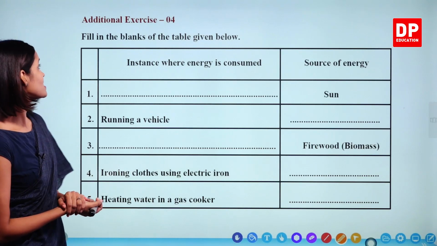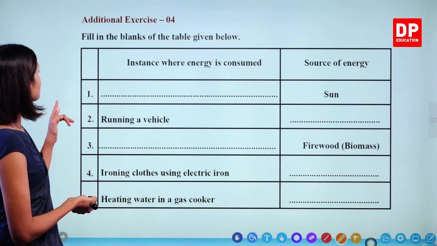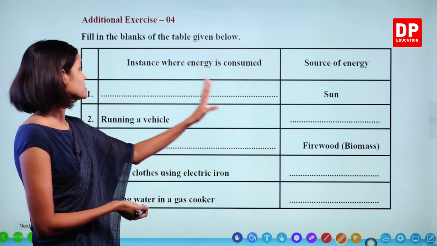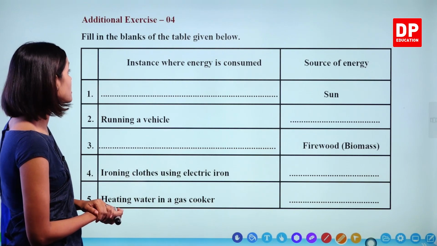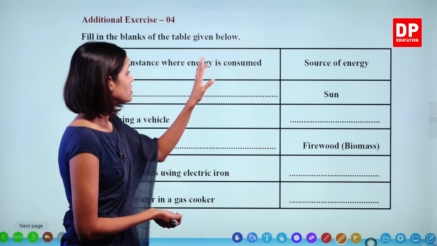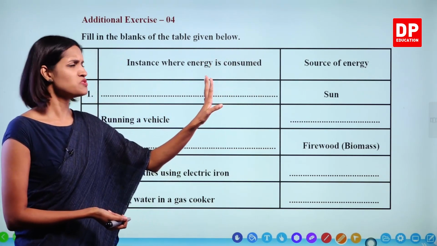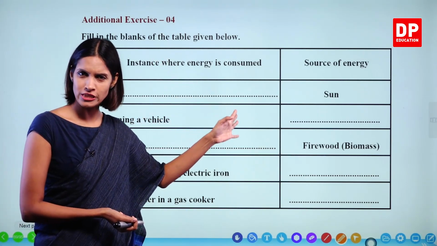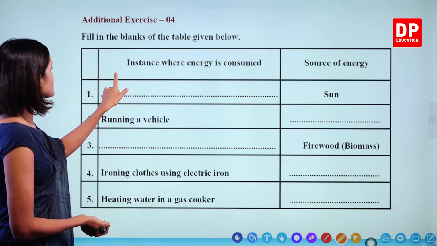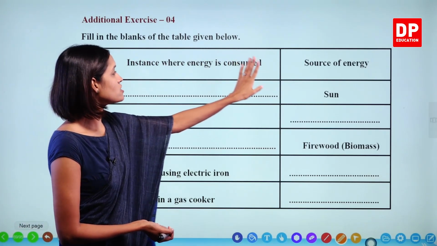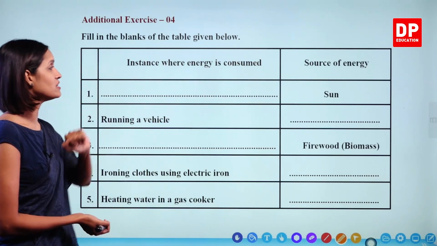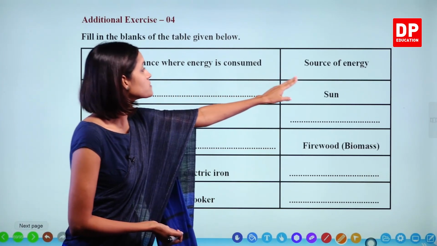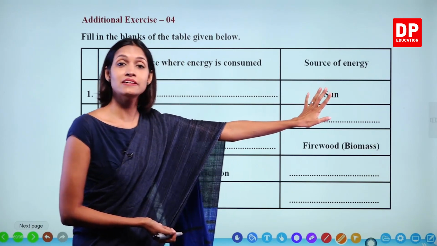Right. Exercise number 4. Fill in the blanks of the table given below. So we have two sides. The first column, instance where energy is consumed, and the source of energy. I'm sure you remember we have done a similar activity when we were doing the lesson, right? So you have to fill in the blanks. So in the first one, this side is blank. Here the source of energy is given as sun.